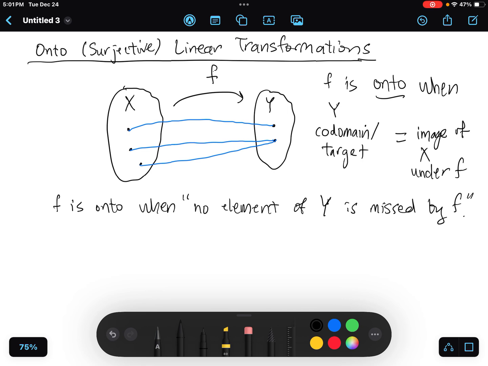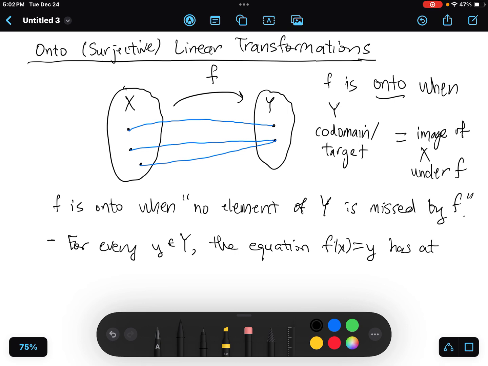Okay. Another way of thinking about it, some more precise way, is that for every element little y in the codomain, capital Y, the equation f of little x equals y has at least one solution. So in other words, one or more solutions.